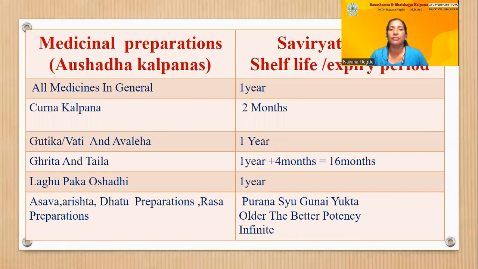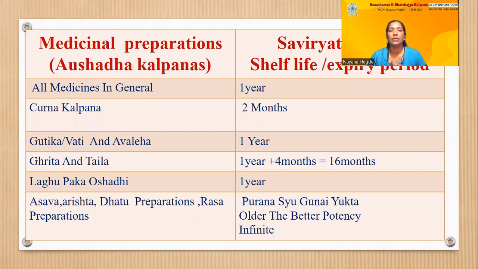Okay, its saviryata avadhi is 1 year. For example, for the aushadhi, we can give banana plant. Banana plant gives fruit. Once the fruit properly grows, that plant dies. Okay, here we can take it as annual herb. So the saviryata avadhi of that aushadhi is 1 year.